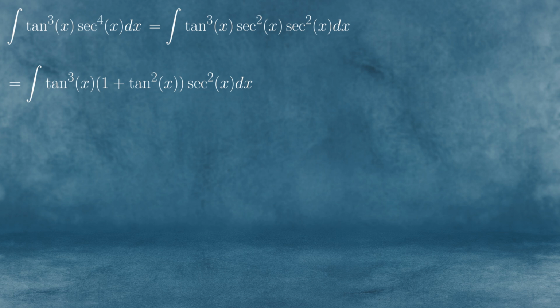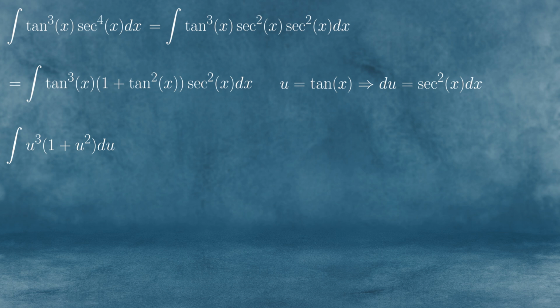So, if we perform the substitution u equals tangent of x, then du will be equal to secant square of x dx. Thus, the previous integral becomes the integral of u cubed times 1 plus u squared du.